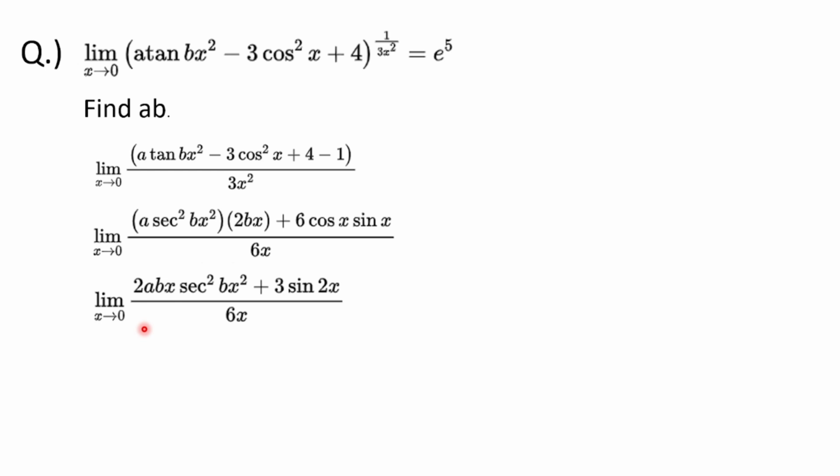Now we will get limit as x tends to 0 of abx secant square bx squared plus 3 sin 2x divided by 6 into x. On solving this by using standard limits, we will get ab by 3 plus 1 is equal to 5. We will get ab is equal to 4 multiplied by 3, that is equal to 12. The answer to this problem is 12.